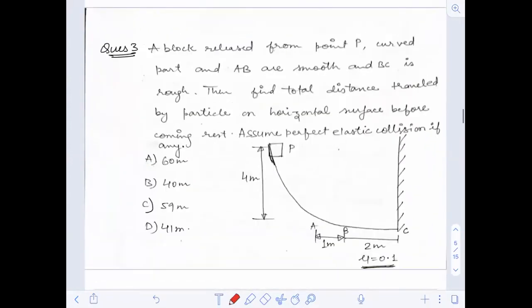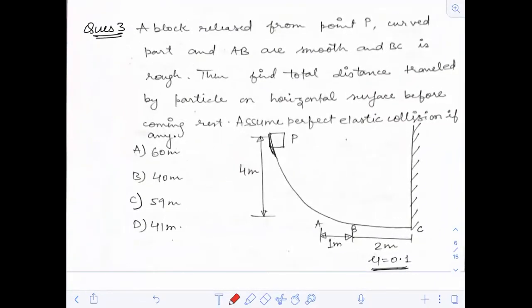This is the next question you have. Try to solve this question. Read the question properly. Mark the important things that are given to you in the question. This is a very good question. Not tough, but a little bit.